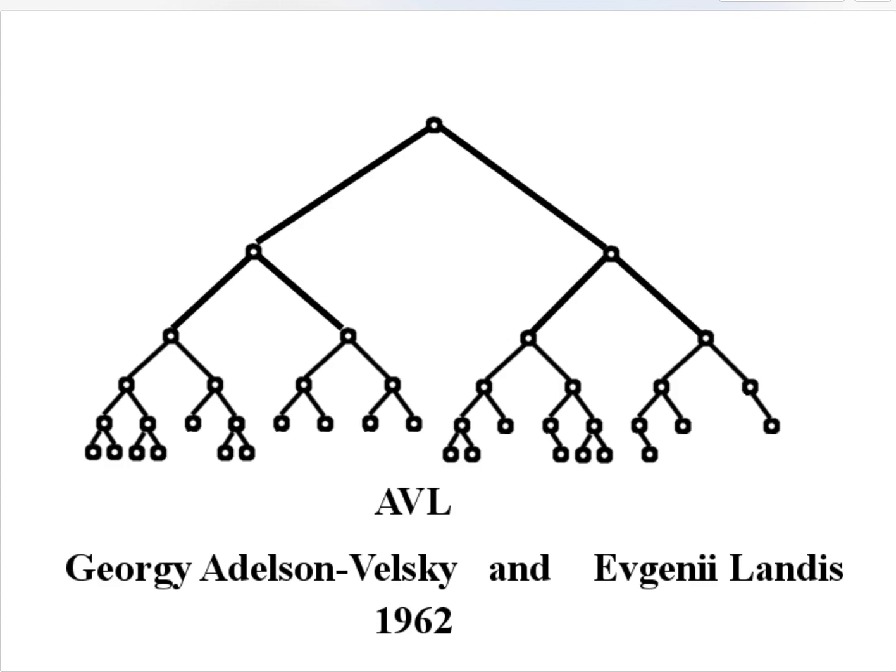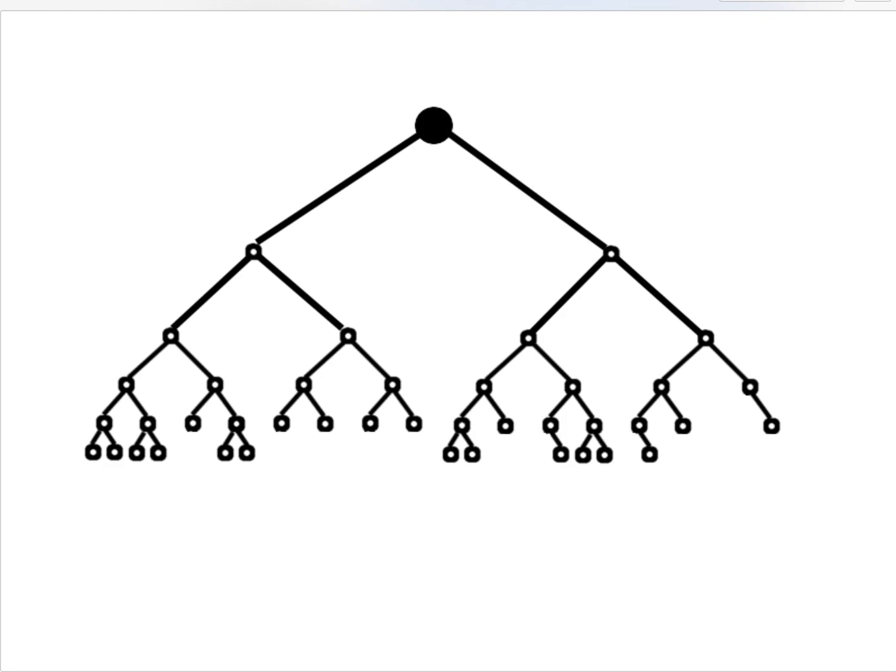We will now give the formal definition of the AVL tree. The tree is an AVL tree if every node is balanced, and a node is balanced if its left subtree and right subtree have heights that differ by at most 1.